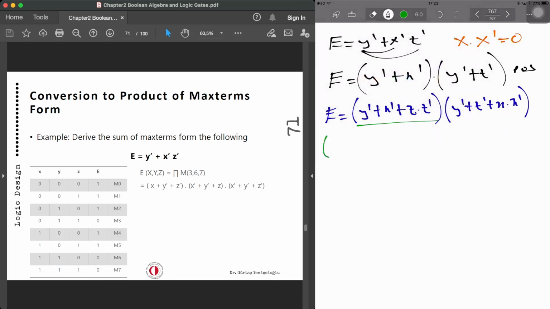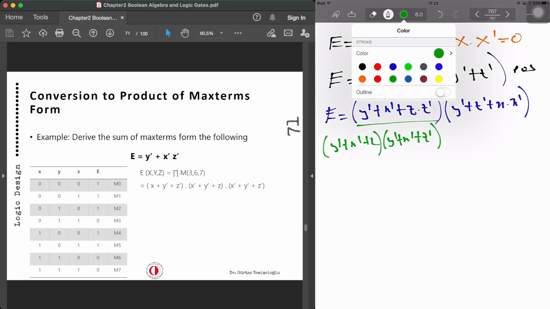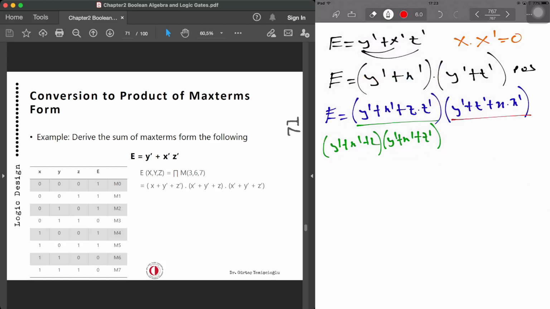It's going to be expanded as y prime plus x prime plus z, y prime plus x prime plus z prime. Two separate of those, and this one has to be extended, y prime plus z prime plus x, and y prime plus z prime plus x prime. I think I cannot fit it, I'll write it down. Do we have any identical ones?